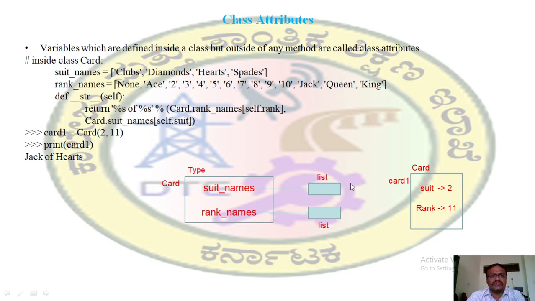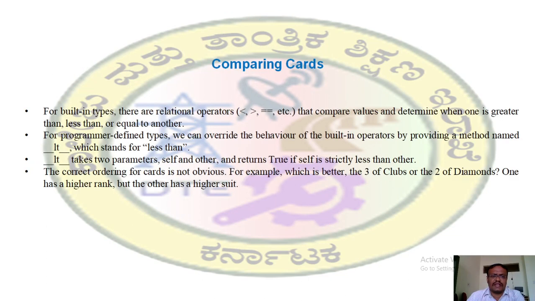A class attribute is a variable which is defined inside a class but outside of any method. For built-in types there are relational operators, that is less than, greater than or equal to, etc., that compare values and determine when one is greater than, less than, or equal to another.